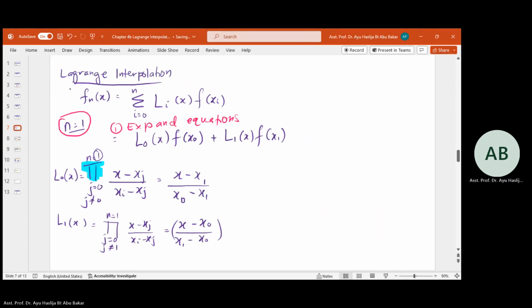But j cannot be 0, so that's why you have x1 over here. Then find your L1 of x. j must start from 0, but j cannot be 1. So that's why it only involves x0.